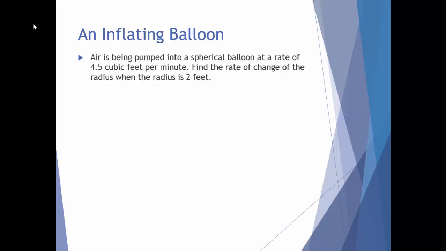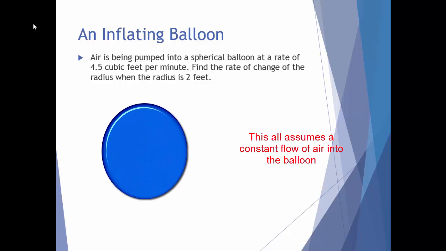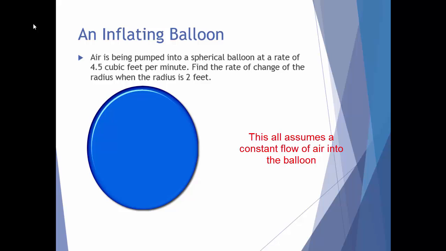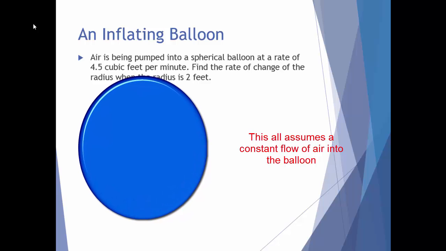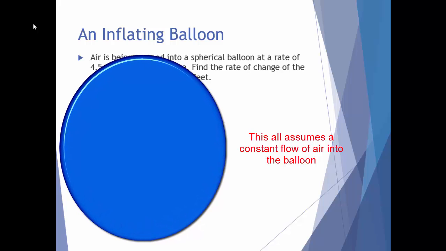So if you think about it, when you have a balloon and it has no air in it whatsoever, and you start to blow up that balloon, the radius or the volume, both of those quantities increase extremely quickly in the beginning because it goes from a completely deflated balloon to an inflated balloon. But if you then look at how quickly those quantities are increasing, a few seconds later, they're not increasing nearly as quickly because your balloon is already close to its full expansion.